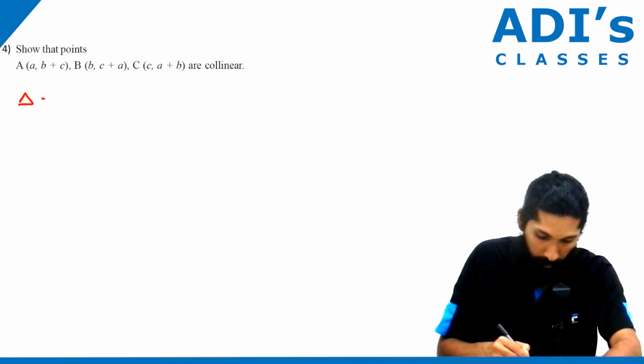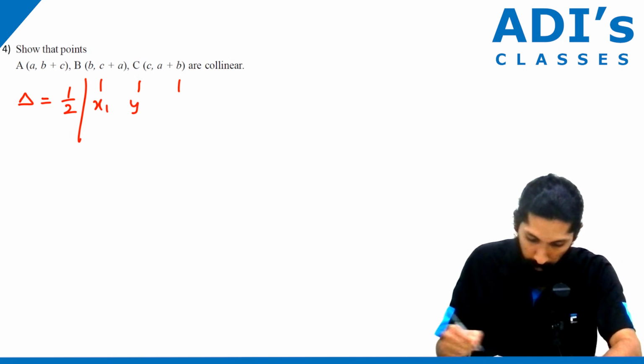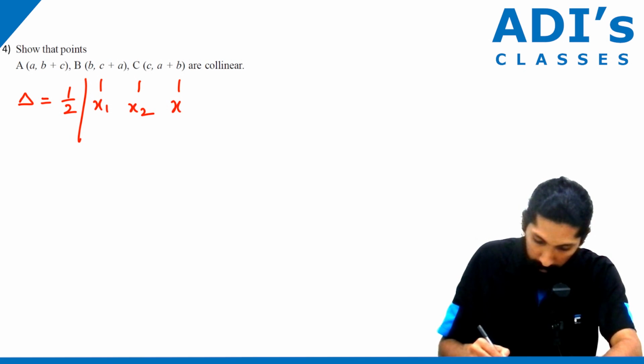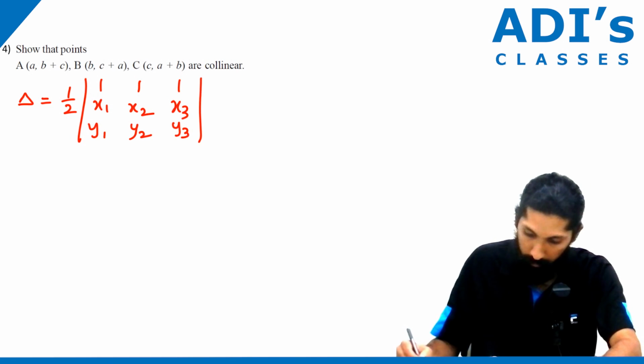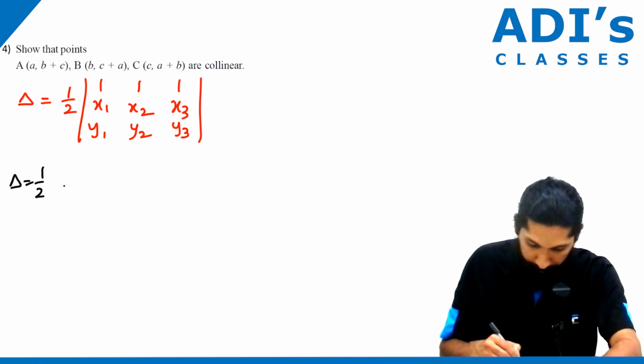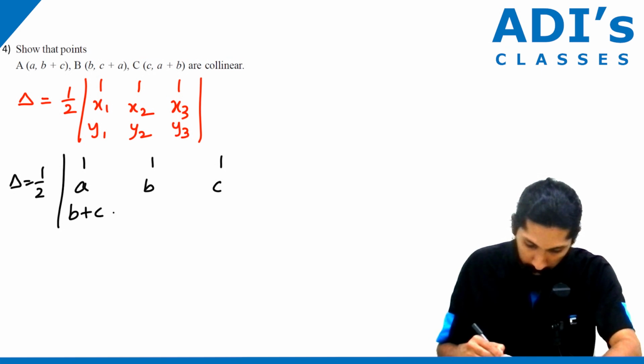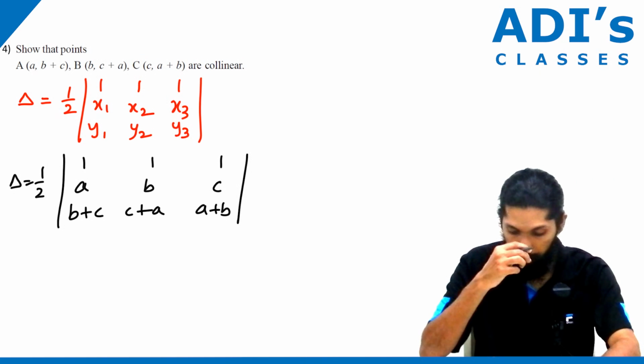So you have delta is equal to half determinant of [1, 1, 1; x1, x2, x3; y1, y2, y3]. Let's apply. Delta is equal to half, 1, 1, 1, then A, B, C, then B plus C, C plus A, A plus B. Correct?